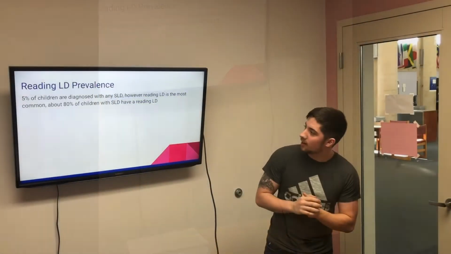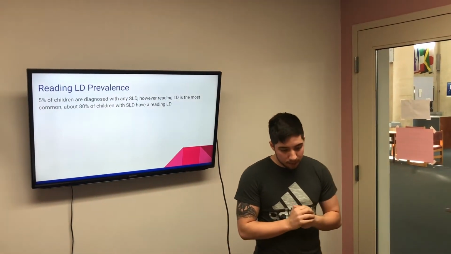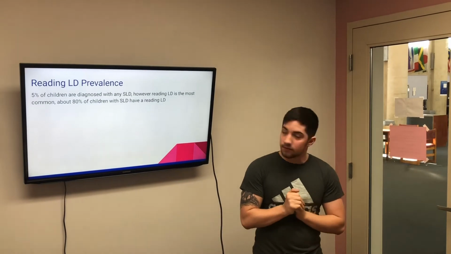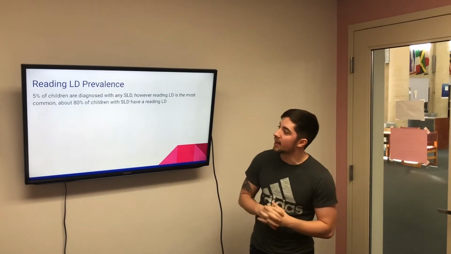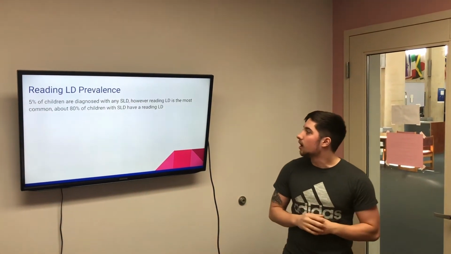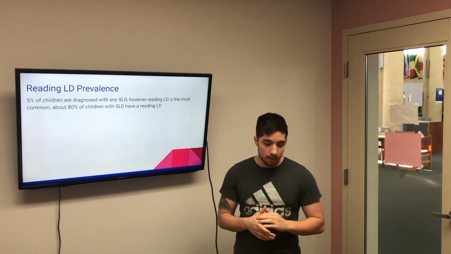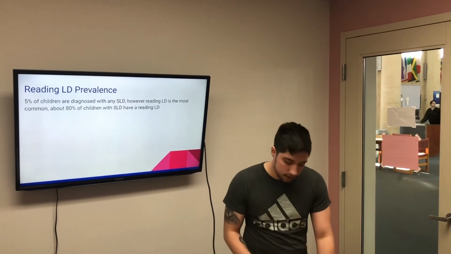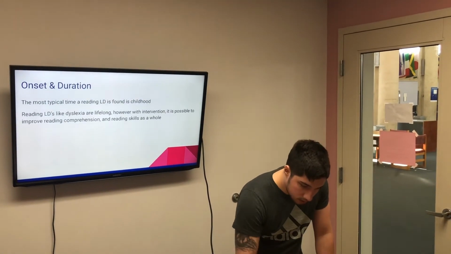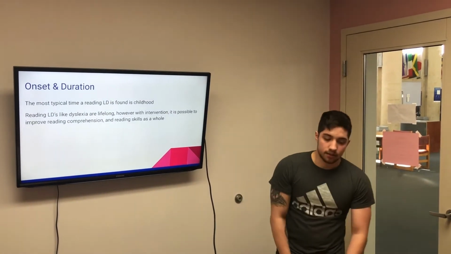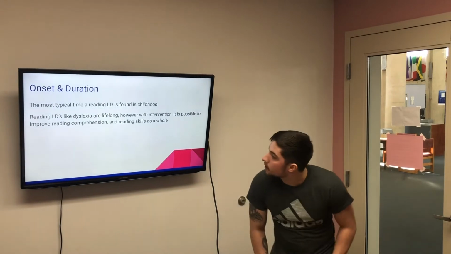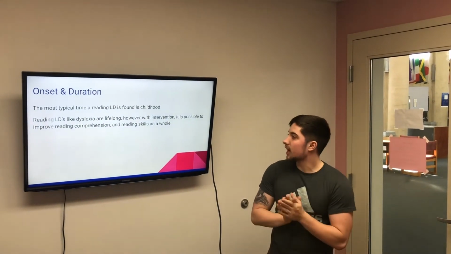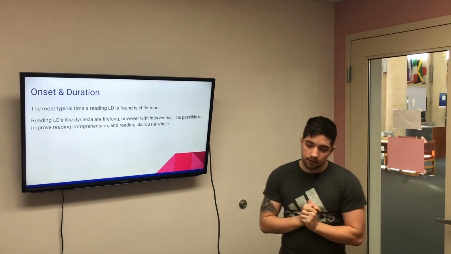So now we're doing reading LD. The prevalence rate: about 5% of children overall have any type of SLD. Reading is the most common. About 80% of children diagnosed end up having a reading LD. The onset and duration: the most typical time a reading LD is found is in childhood.